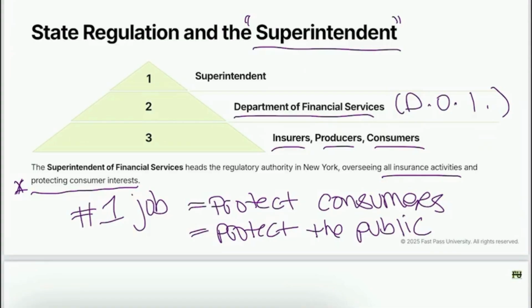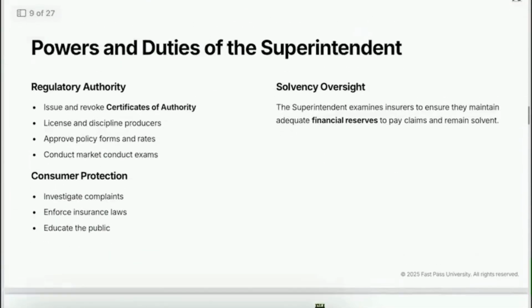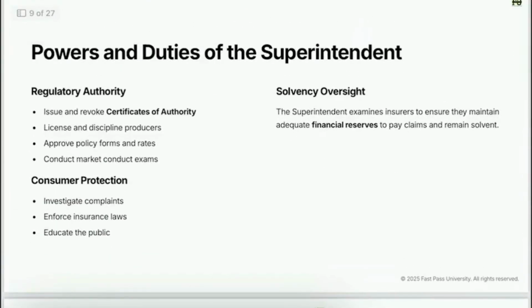Now, I did say the number one job of the superintendent is to protect consumers, but how they do that is broken down into a little bit more. And you want to make sure that you are comfortable with the powers and duties of the superintendent, because they could ask, the superintendent does all of the following except, and throw in some other things to throw you off.